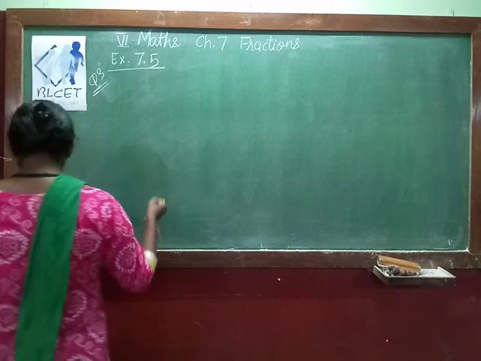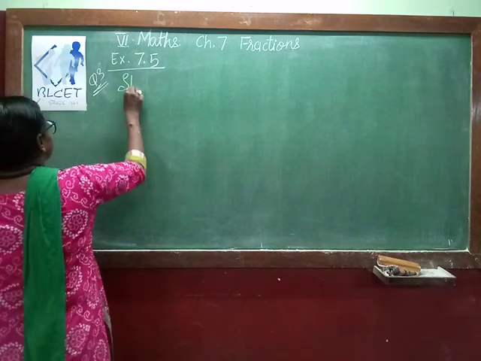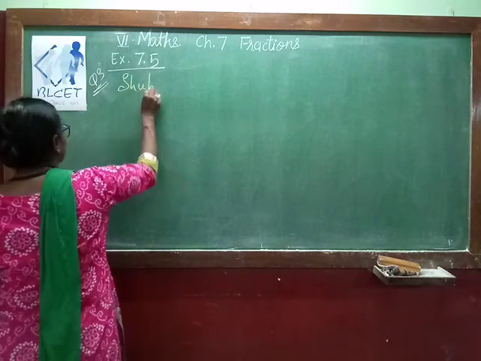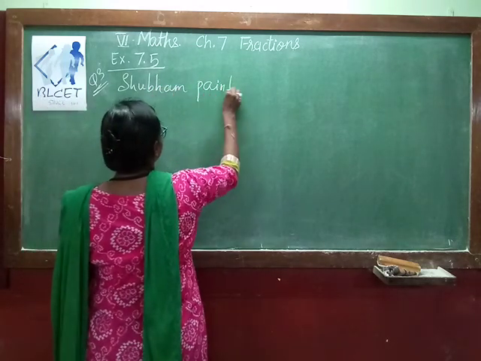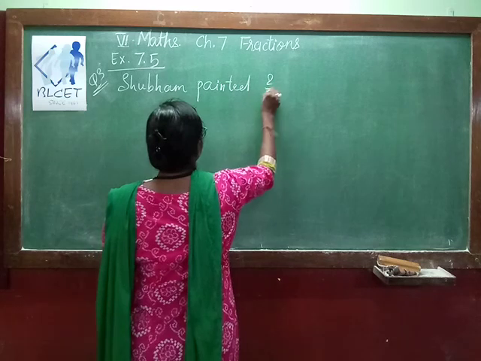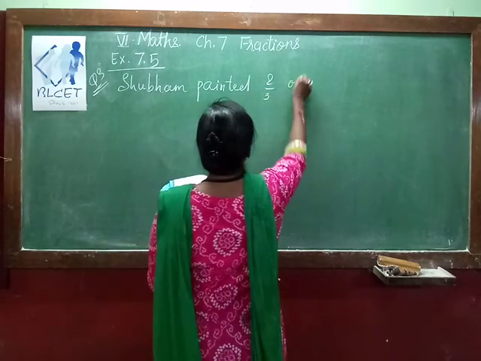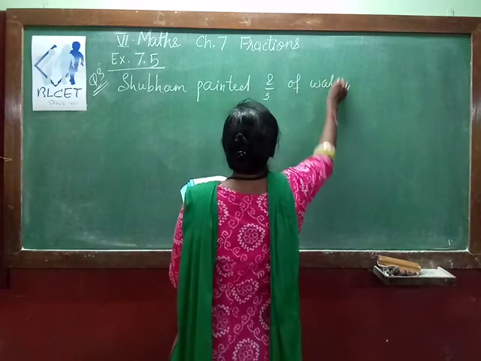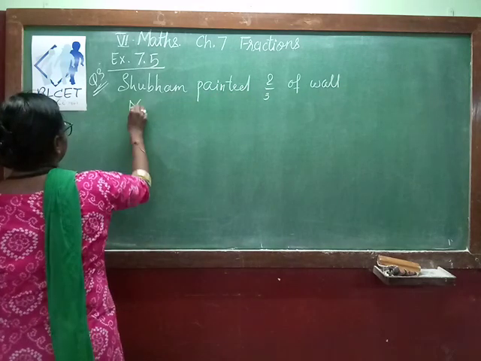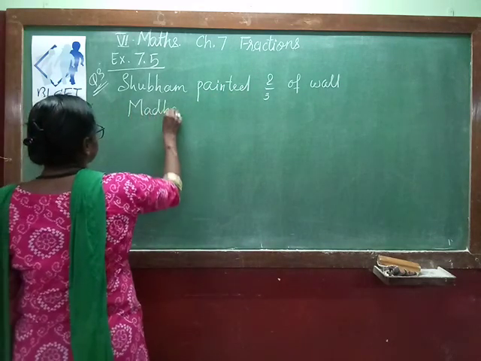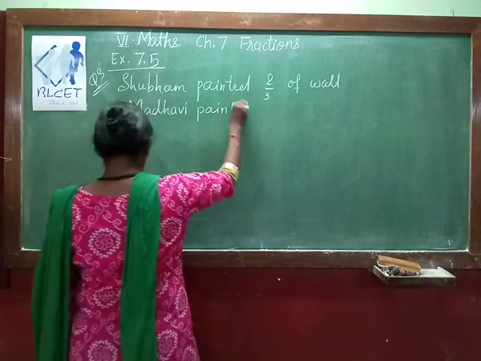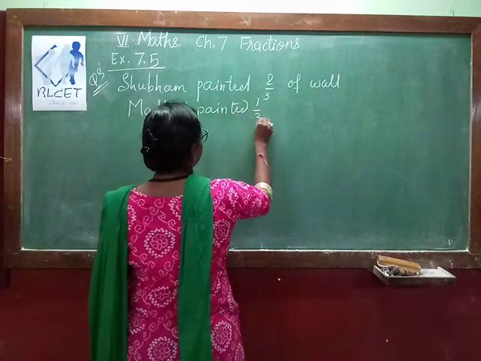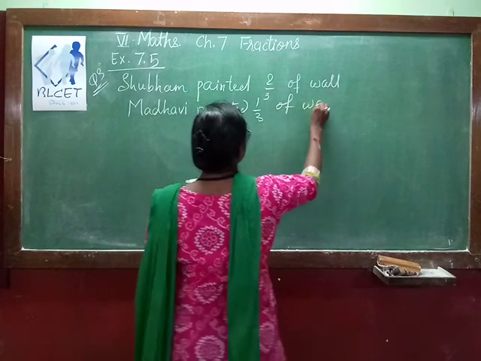So here, whatever data are given, listed out. Shubham painted 2 by 3 of the wall and Madhuri painted 1 by 3 of the wall space.